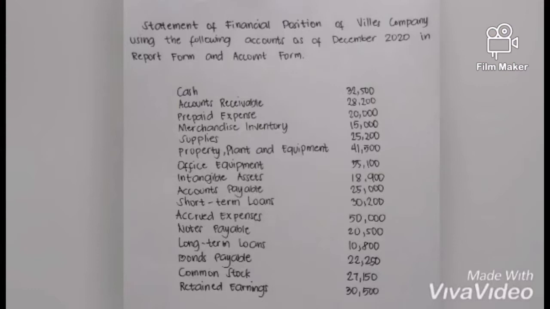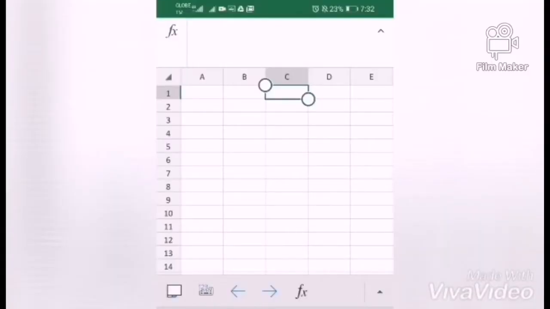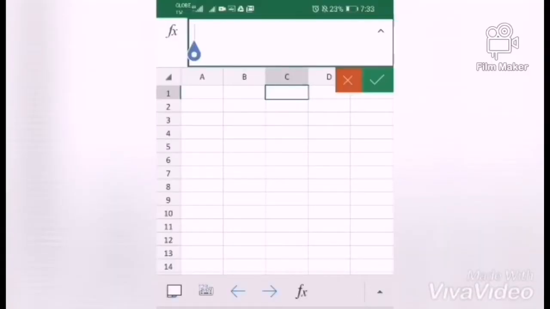In this illustrative problem, I will prepare the statement of financial position of the Villas Company using the following accounts as of December 2020 in report form and account form. So, take note of these following accounts. Let's start with the company name. In our case, Villas Company.